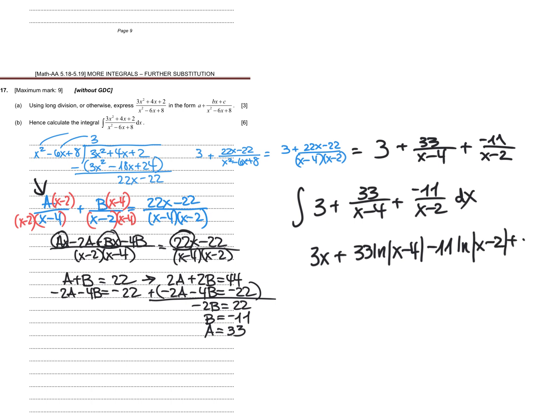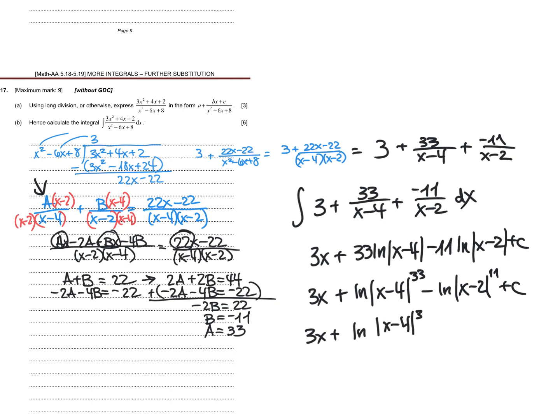And then we have plus C. So this is 3x. And this will be x minus 4 to the 33 power. This is minus natural log x minus 2 to the 11th power plus C. And then we have x minus 4 and this x minus 2.